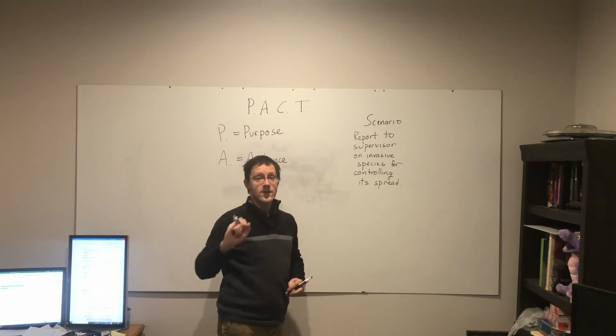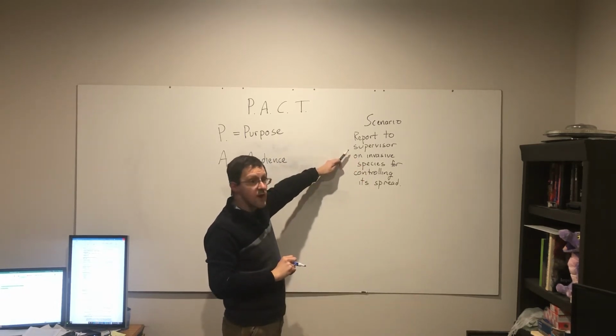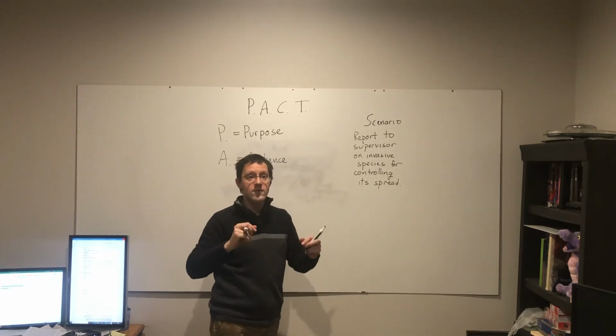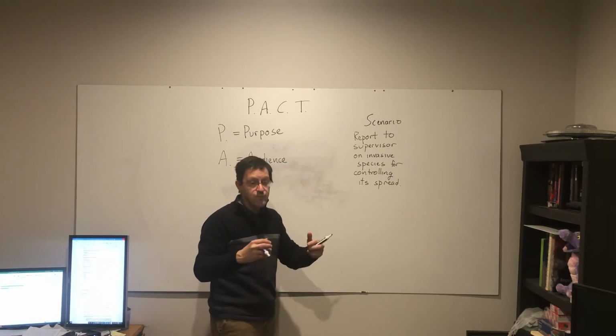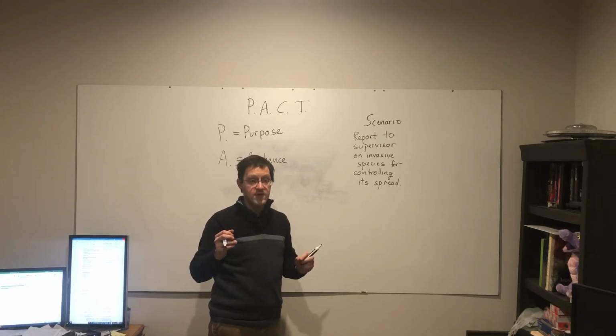A is the audience. In this case, again, in the scenario, I'm telling you what that is. That will be consistent throughout the lab exercises. You'll be told the purpose. You will be told who the audience is.